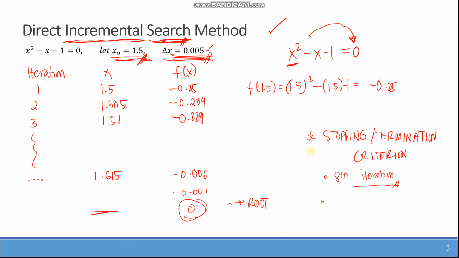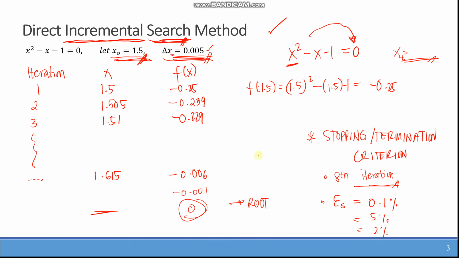Or let's say for this example, you can determine the true value of x, so we can say stop iteration when the pre-specified error tolerance is, let's say, 0.10%, or let's say 5% or 2%. It depends on the given problem.